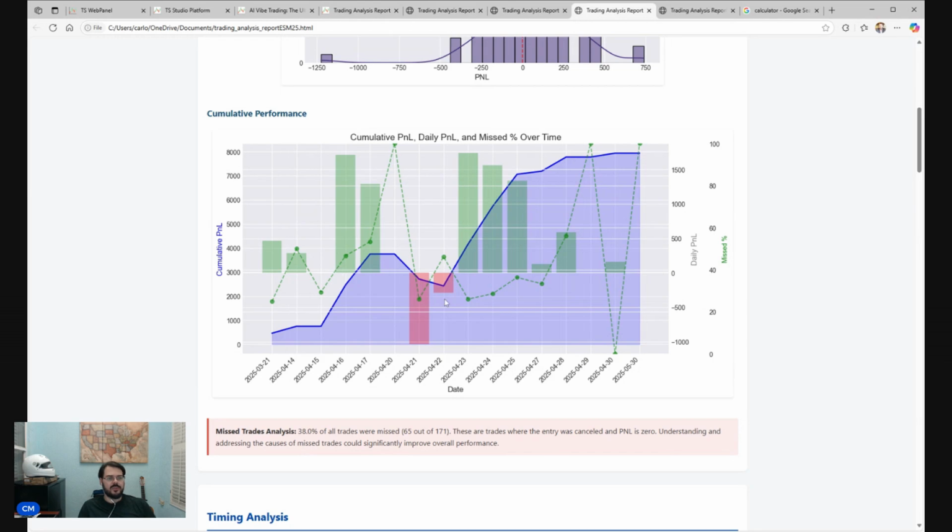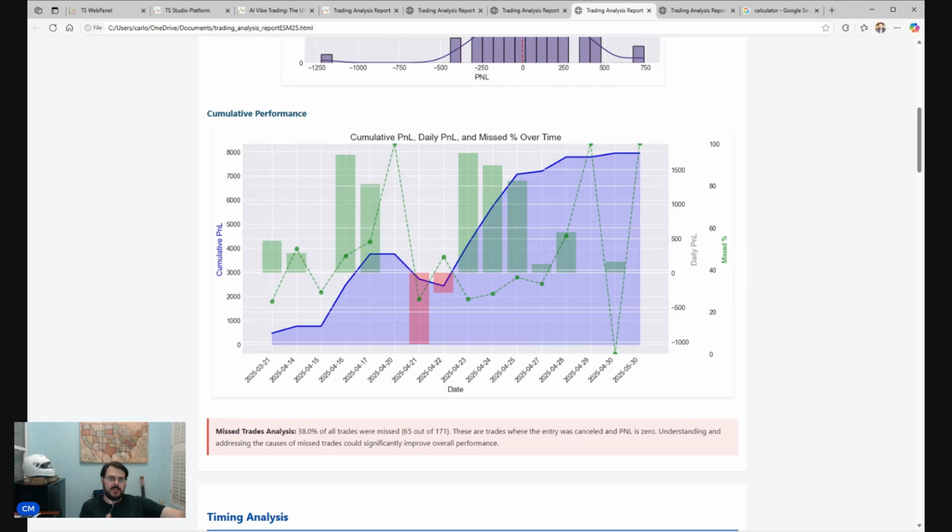We have 2 losing days, 15 trading days. It's almost one entire month. We have 2 losses. We have 3 or 4 days without a trade. So on these days sometimes we have a 100% win rate. We don't have a loss on that day.